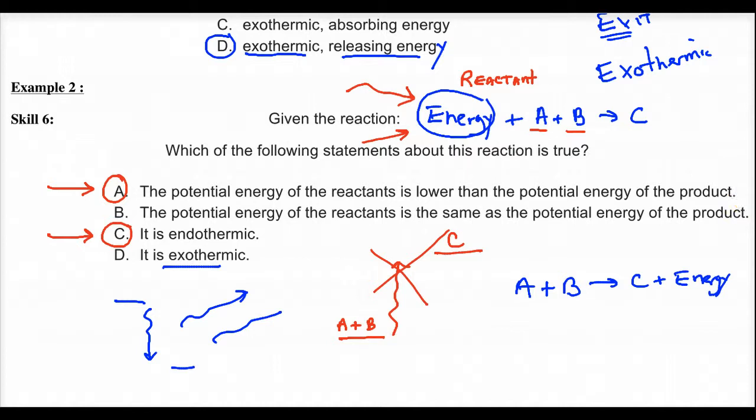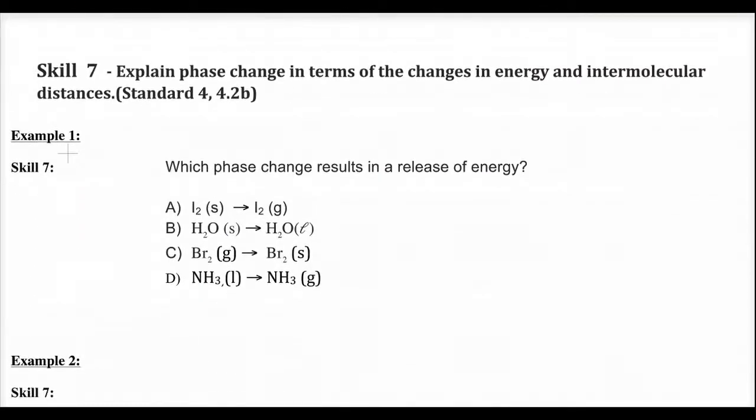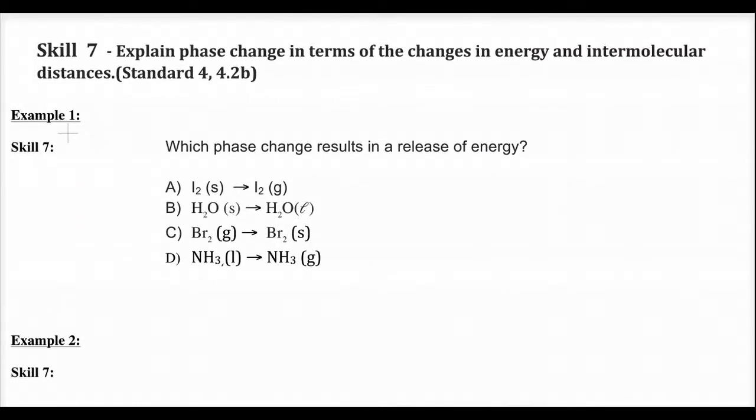All right, skill number 7. Explain phase change in terms of the changes in energy and intermolecular distances. All right, well, phase changes. As I told before, solids barely move. They have a crystal lattice arrangement. So they just vibrate in their fixed positions, little vibrations.